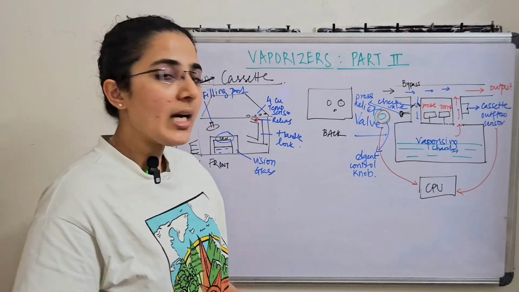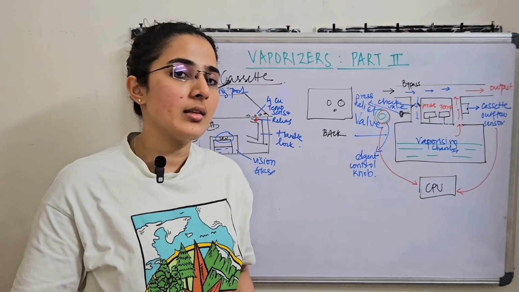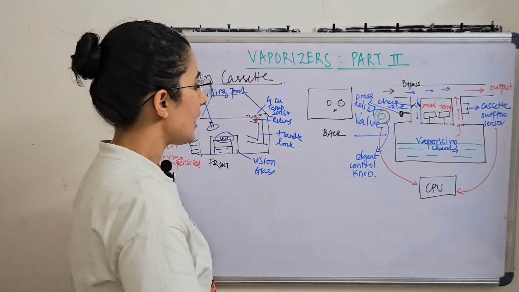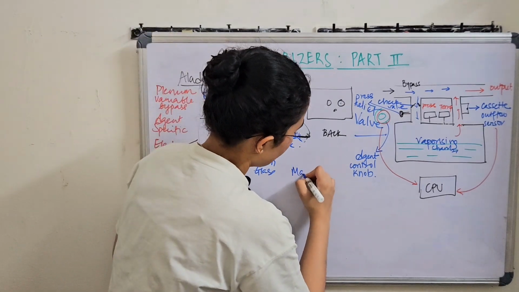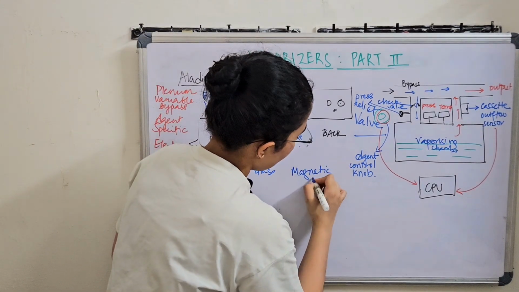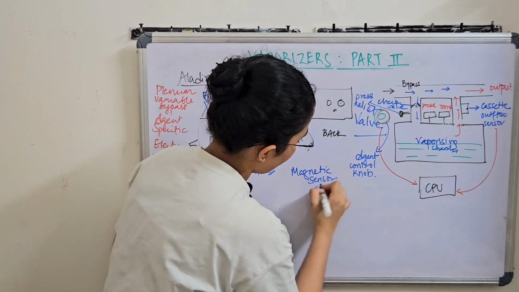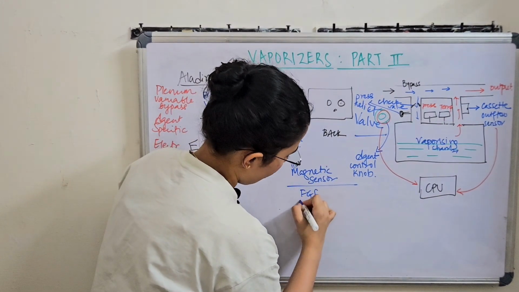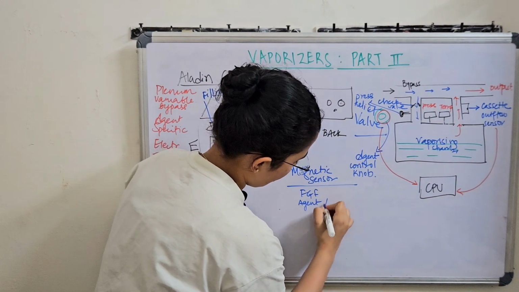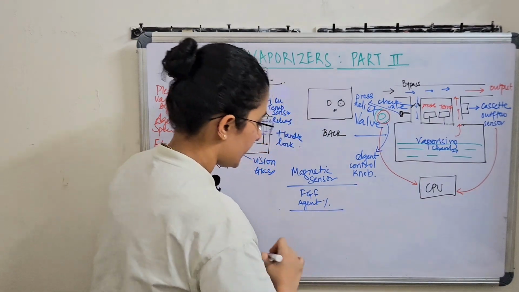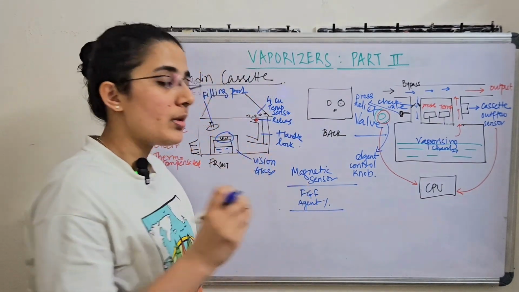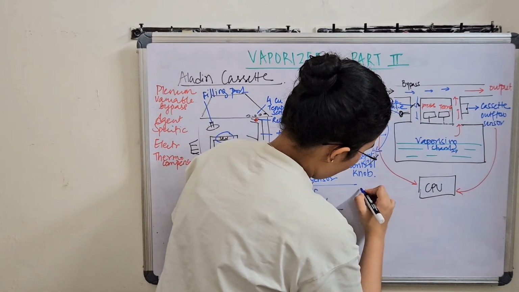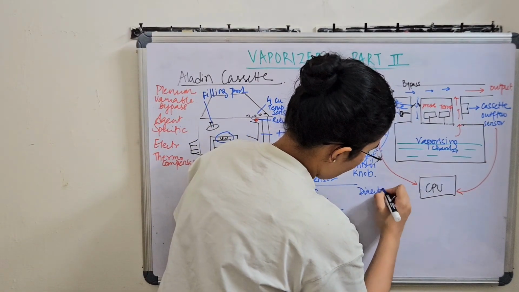Whenever we attach this Aladin cassette to the machine, it is directly identified by magnetic sensors. It will identify the fresh gas flow and the agent concentration we are giving on its own. Among the safety features, number one, it directly identifies the agent.